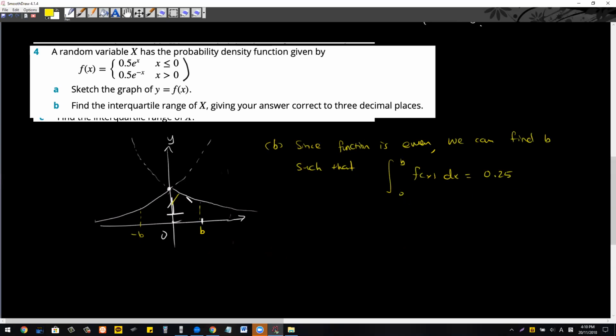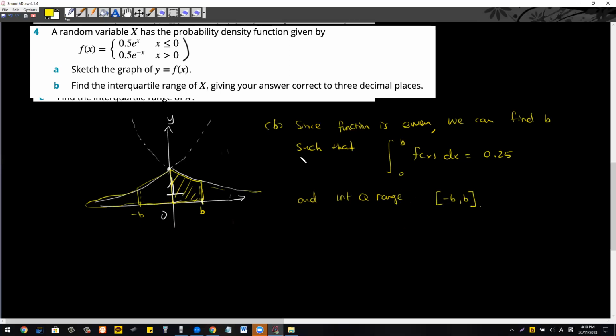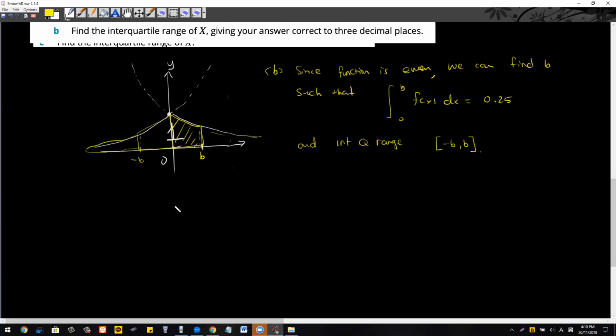Understand? So we find B so that this area here is 0.25. Then this will be 0.25 here, and this will be 0.25 here, so it's just double. And the interquartile range would be negative B to B. You understand? So that's how you do it.